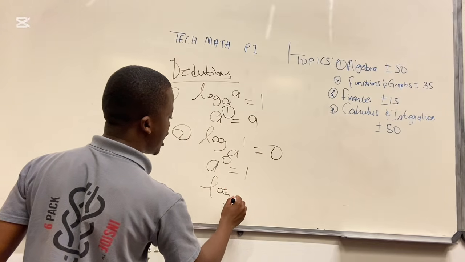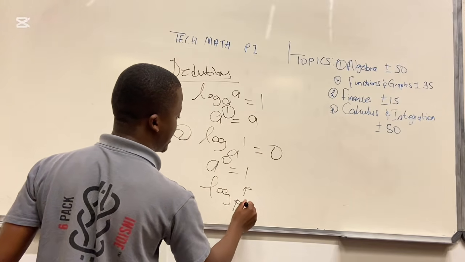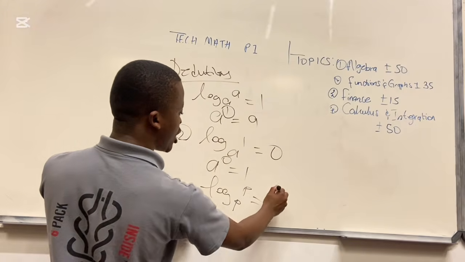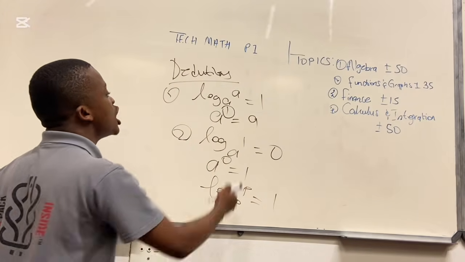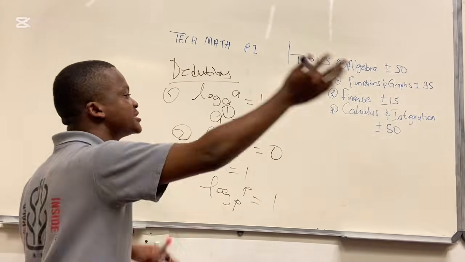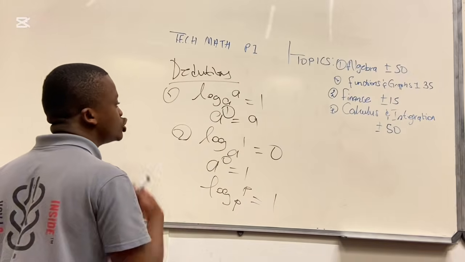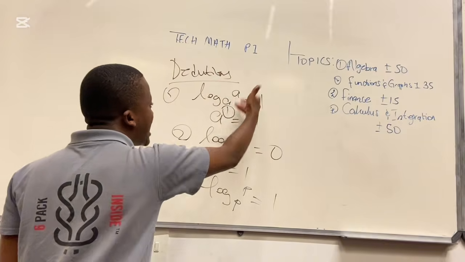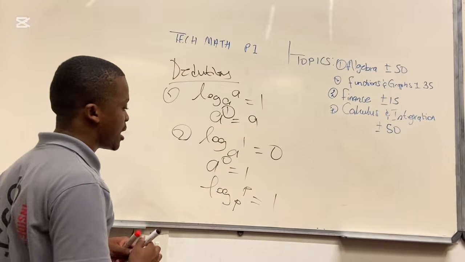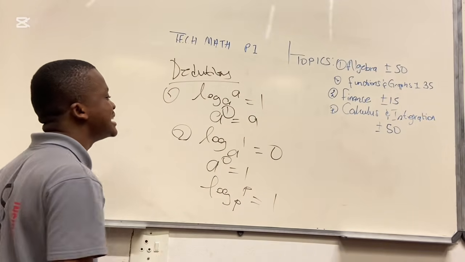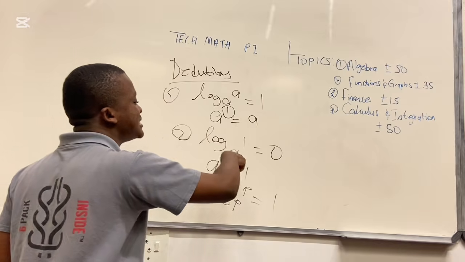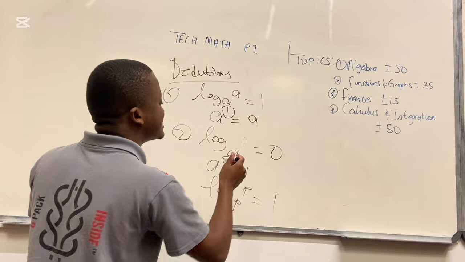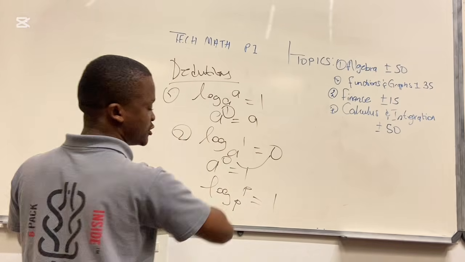Determine, simplify log base B of B. This log base B of B is equal to 1 according to the deductions. Whether you say P, say 1, say banana, as long as you understand that if we have log base A of A it gives you 1. It's the same thing. If you have log base A of 1 it gives you 0, because A to the power of 0 gives you 1.